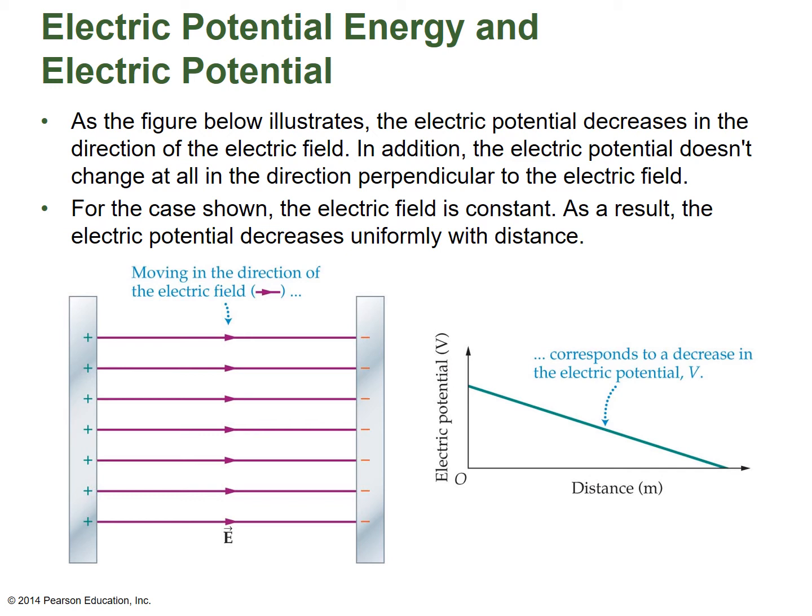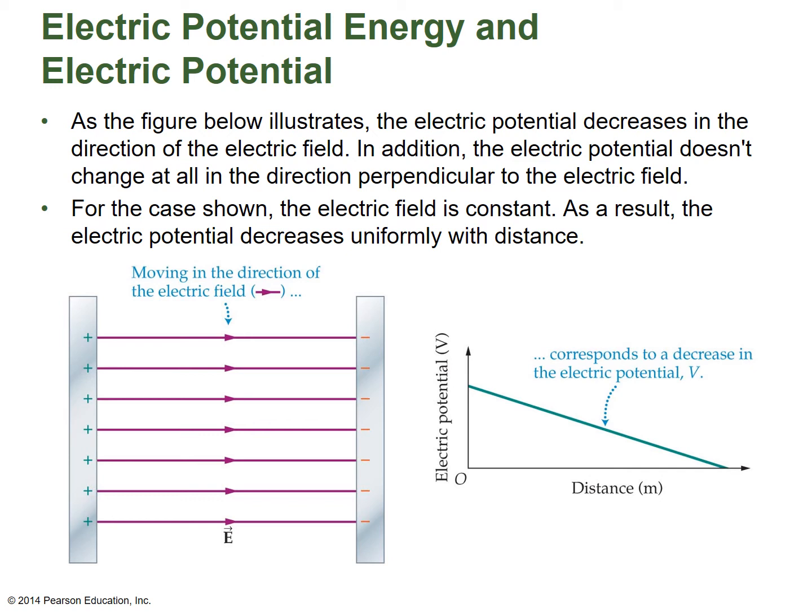In addition, the electric potential doesn't change at all in the direction perpendicular to the field. For example, as you look here, you see that the direction of the electric field is along the x-axis. If any charge moves up or down in this field, the electric potential of the charge will not change. As the charge moves from the positive plate to the negative plate, its electric potential decreases with distance, as you see.